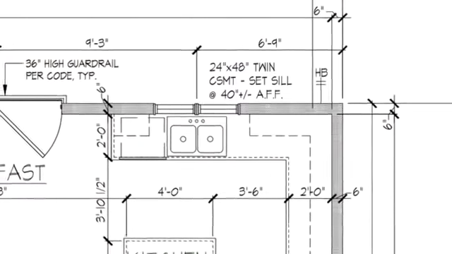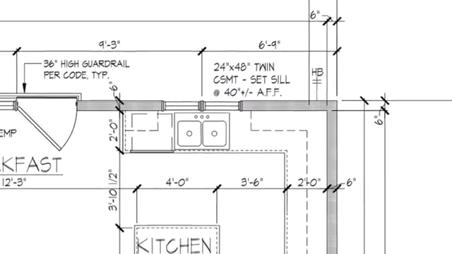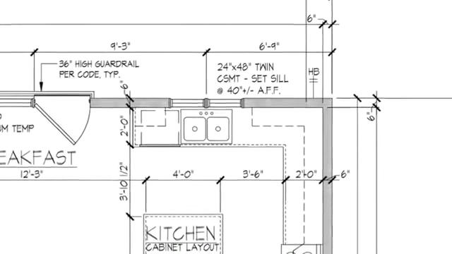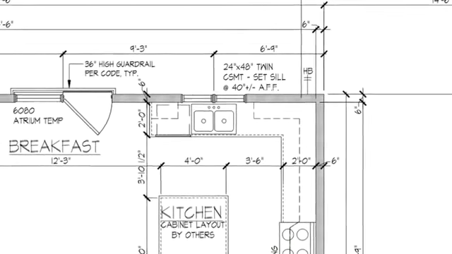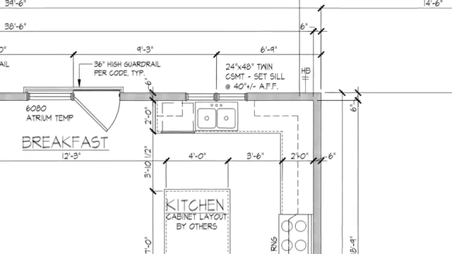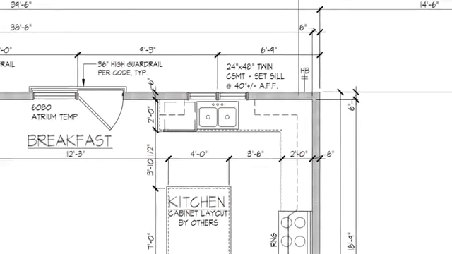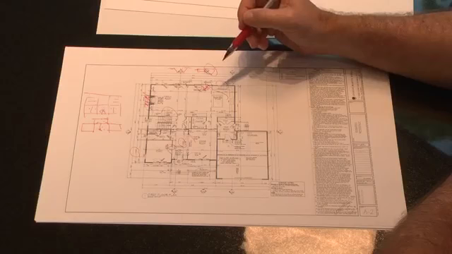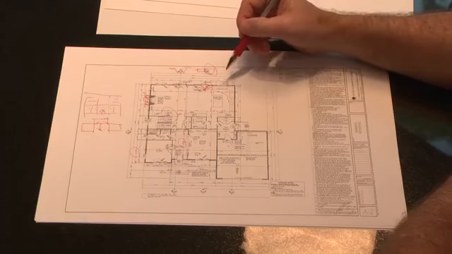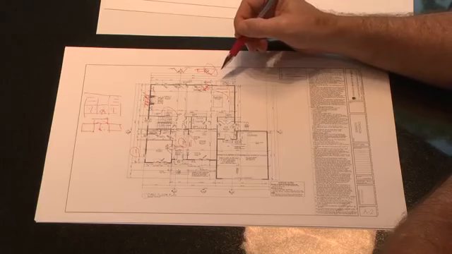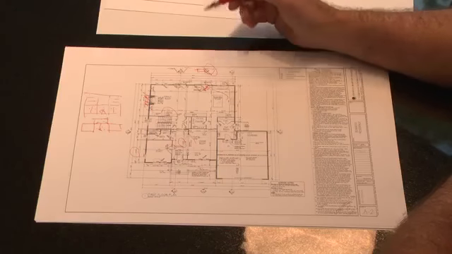Said differently, when we develop this base design of the kitchen on the architectural plan, we're not 100% confident that the window is going to match exactly with the kitchen layout. Perhaps it needs to be shifted 3 inches one way or another for symmetry. We will absolutely update the plan to match the kitchen layout.